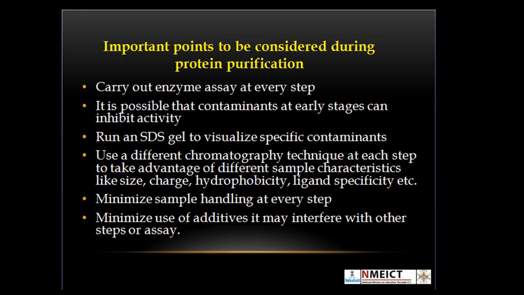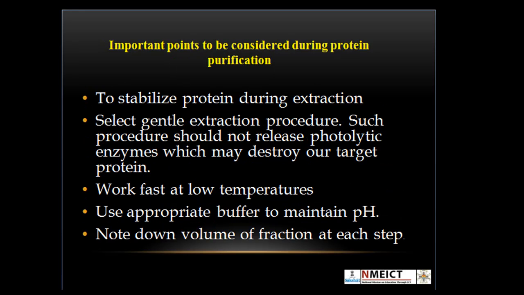Use a different chromatographic technique at each step to take advantage of different sample characteristics like size, charge, hydrophobicity, ligand and specificity. Minimize sample handling at every step. Minimize use of additives which may interfere with other steps or the assay. Minimize the number of steps. Generally, more steps decrease yield and consume more time.